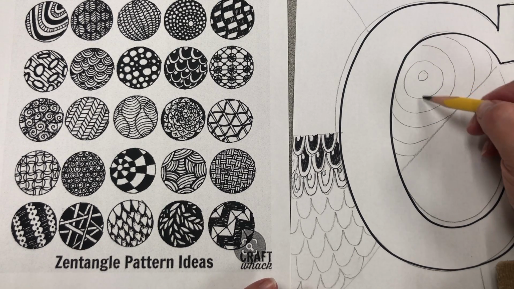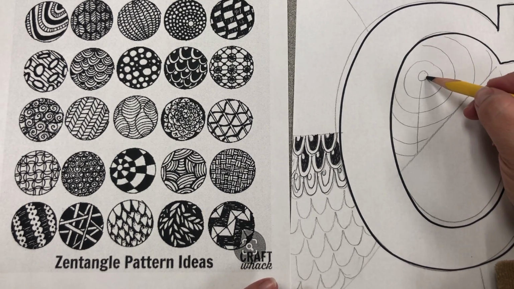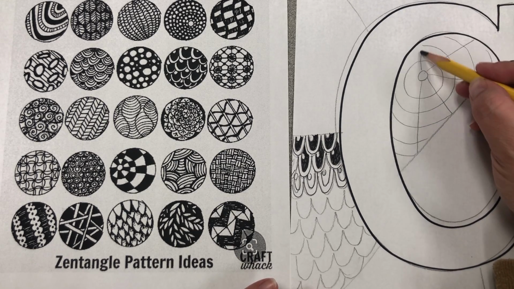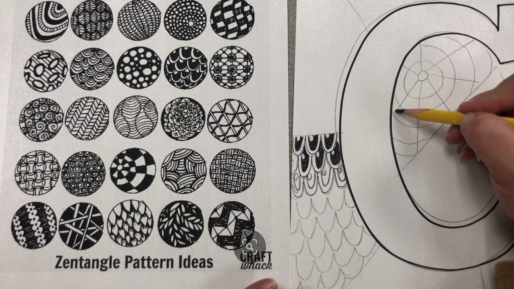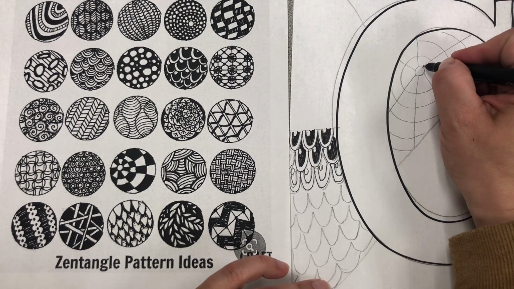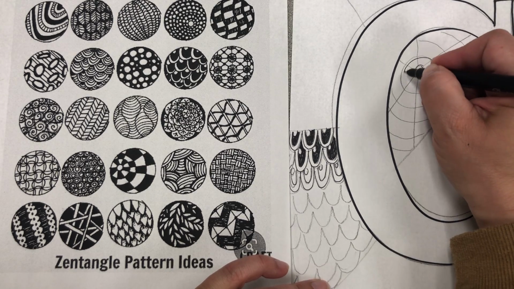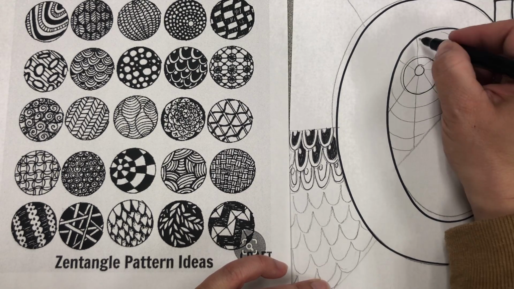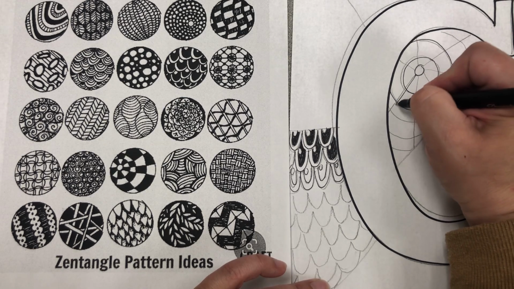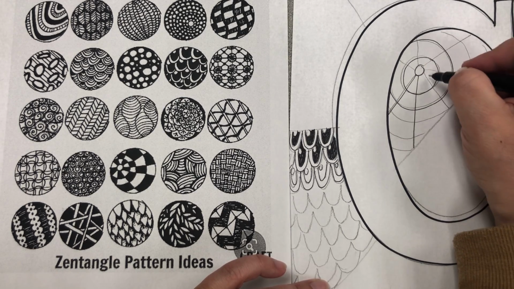And on that one, it has lines kind of radiating from that center point. And then once again, you can use a Sharpie pen or Sharpie, whatever you have handy. Tracing over everything. I'm just going to do a few sections.